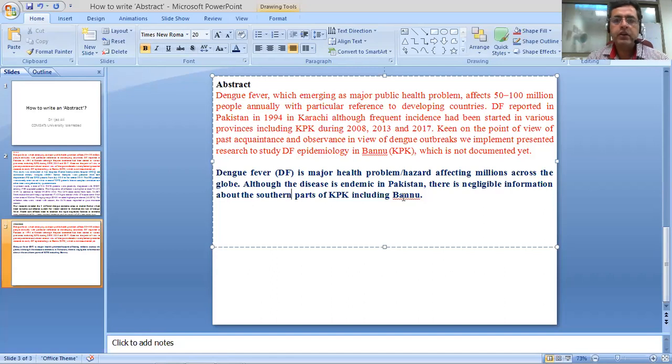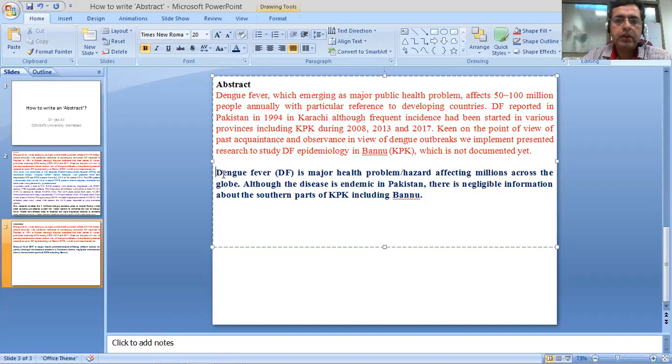Okay, so now you compare it with this one. This is the same background and the rationale or the gap that he has identified. Now I have written it in a different way. It's essentially the same thing.